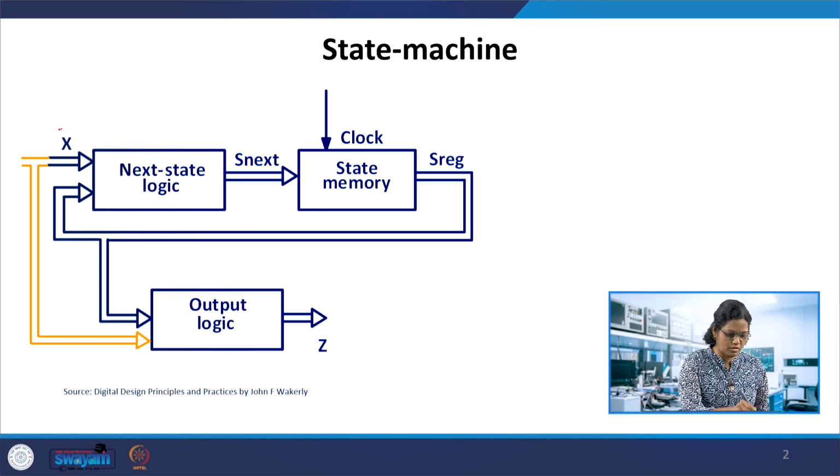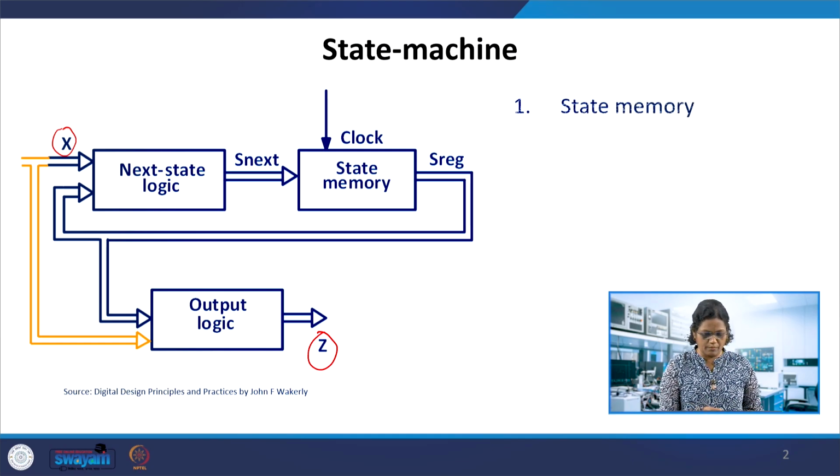In the state machine block diagram given here, the input of the state machine is X, and the output of the state machine is Z. The state machines of digital circuits contain three major blocks.